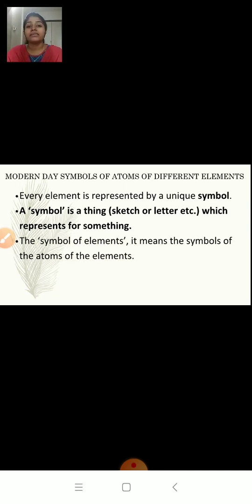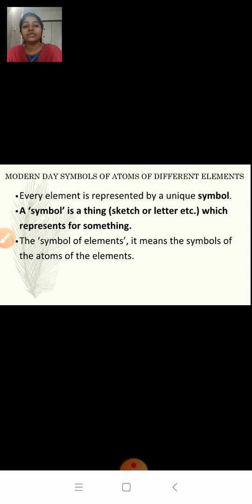Now when I say symbol of elements, it means the symbols of the atoms of the element, because we know elements are made up of atoms.